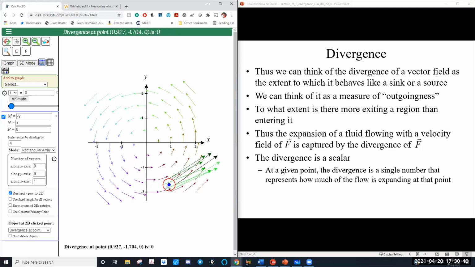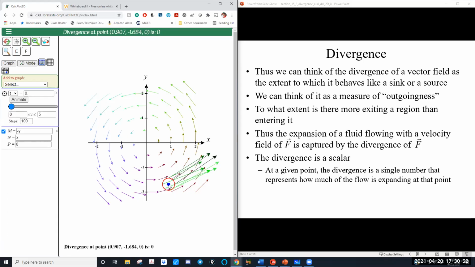And as we get further away, these get larger. Well, that makes sense because the magnitude of our vectors gets larger. So that's what's going on with divergence. Basically, it's saying at any given point, to what extent is there more going in towards the point, which would be these arrows here, versus going out.